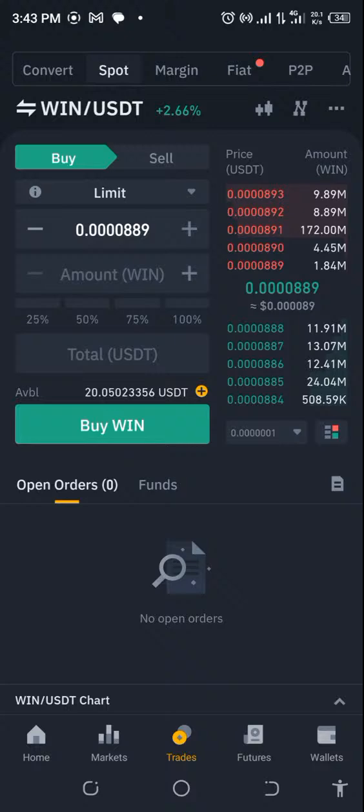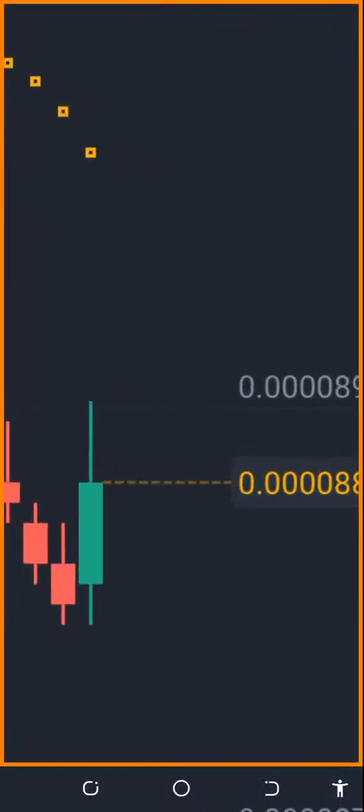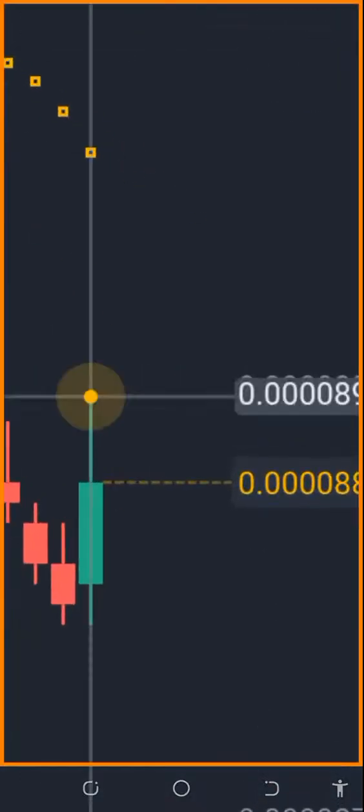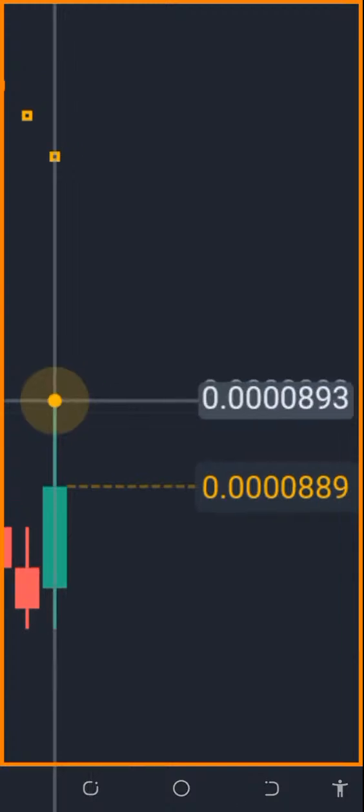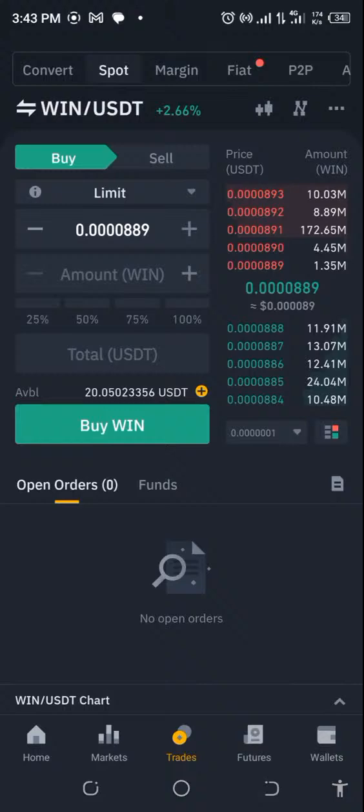So I could decide to do this again or just look for another opportunity. The most important thing here, like I always tell you, is that it was just because I wasn't attentive. If I was attentive, I would have gotten it sold at this higher price, right? Let me check the price. I could have made maybe 8 cents instead of this 5 cents.